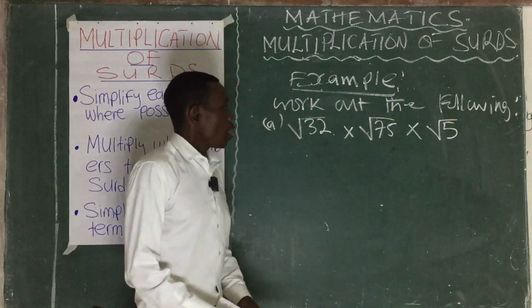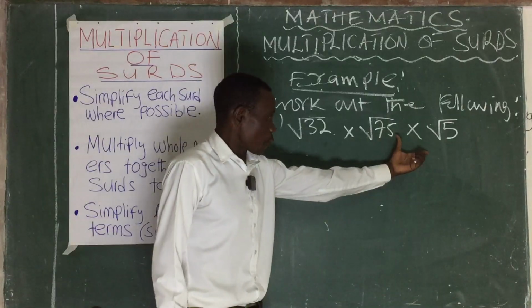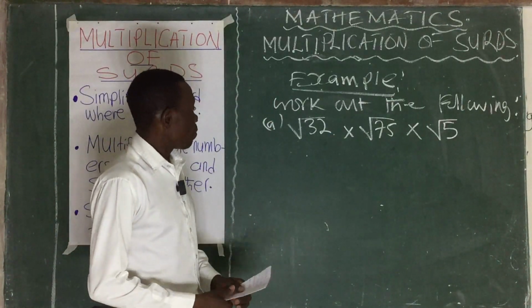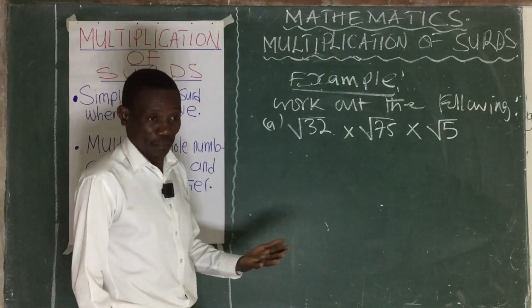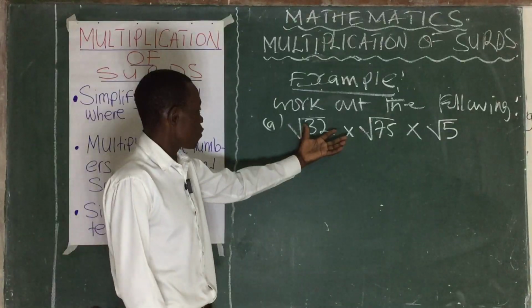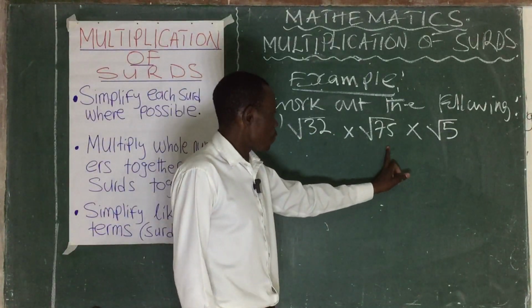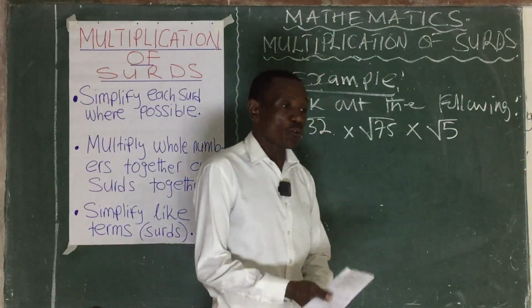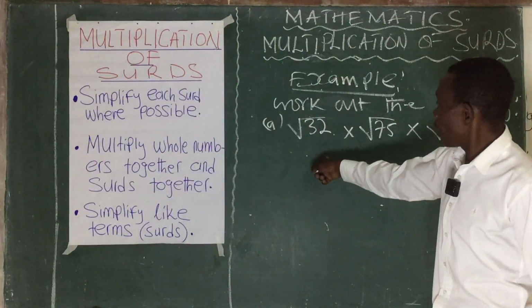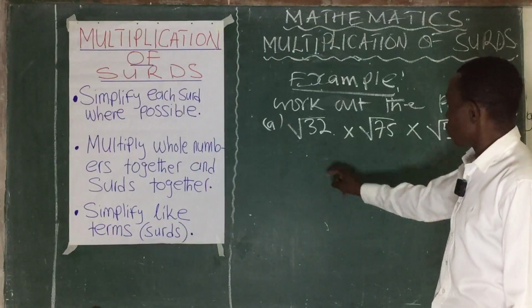All the terms we have in this expression are surds. You can remember by the definition itself what a surd is. So how do I multiply root 32 by root of 75, then by root of 5? We also have example B, but first let us discuss example A.